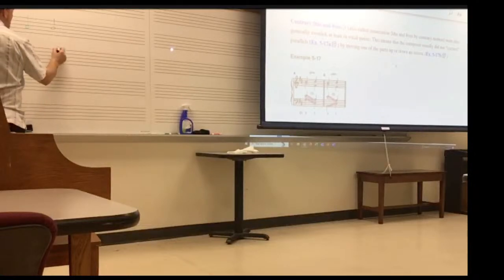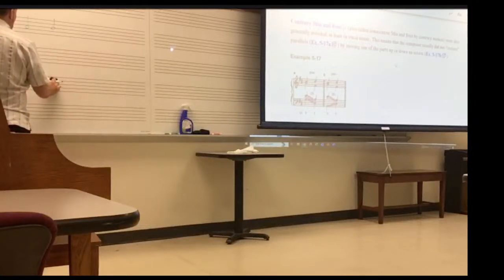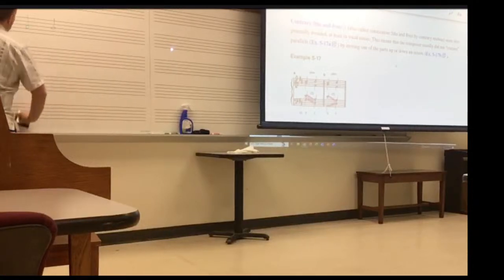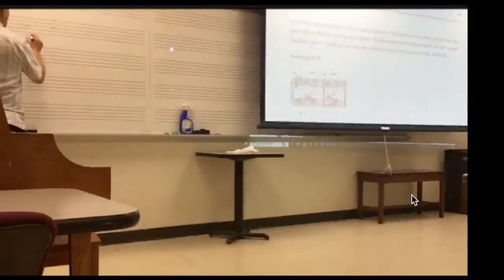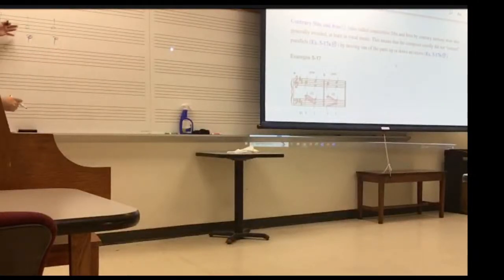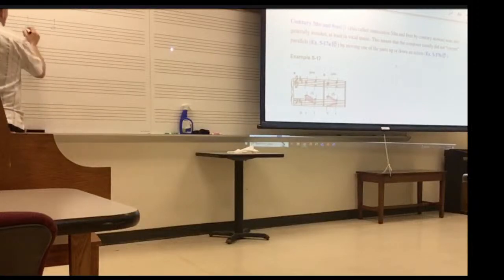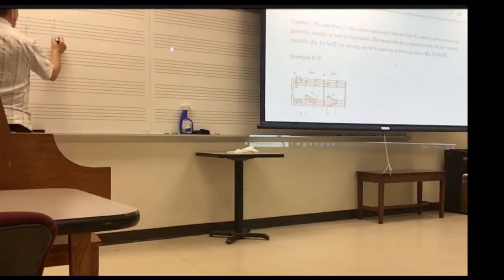So instead, we could do it with the A. Let's do this one. So we have parallel octaves. Maybe to avoid that, all right, we'll move the A up and have it jump down like that.